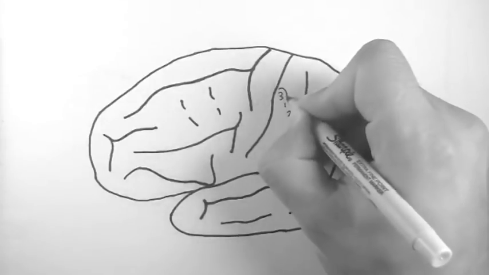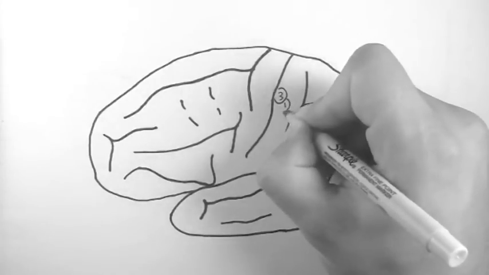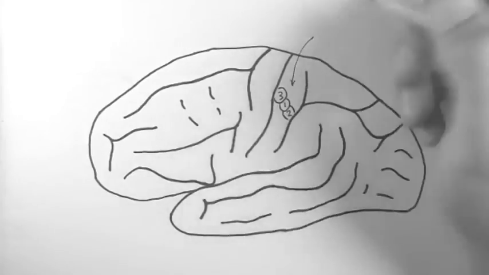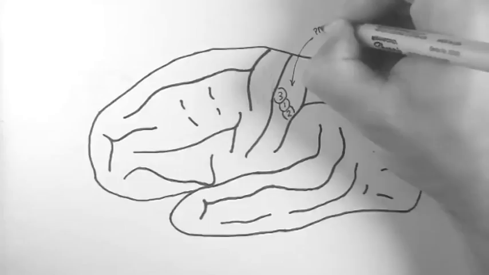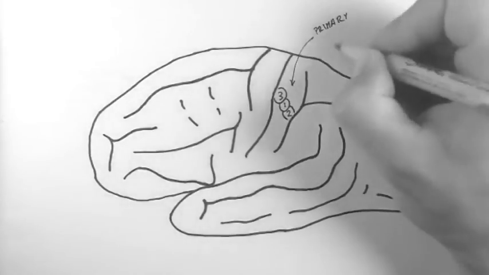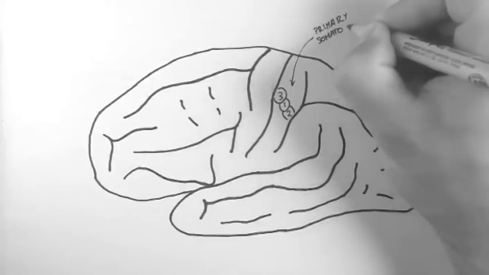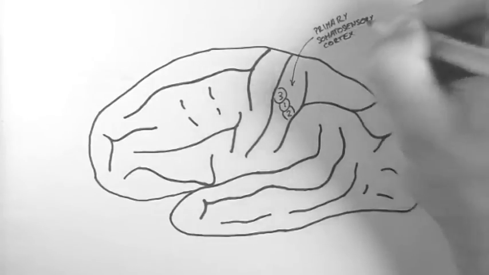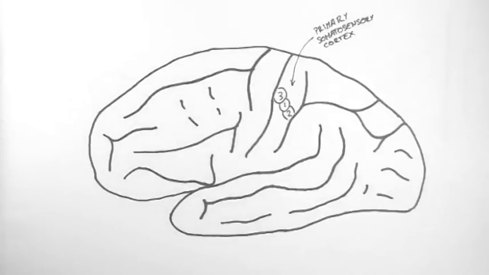So first of all, I'll label Brodmann areas 1, 2, and 3. And this is in the postcentral gyrus. And this is the primary somatosensory cortex. So this is where the inputs of all your touch from your body come into the brain.